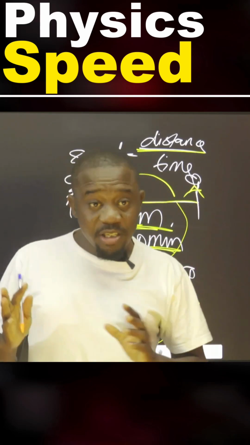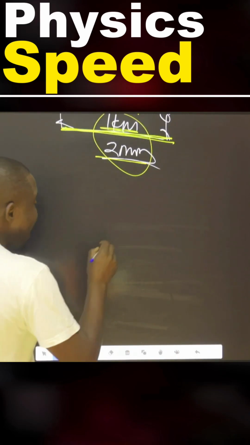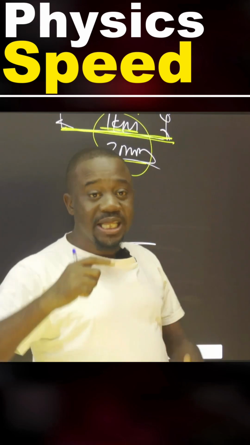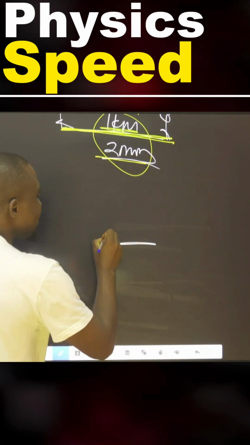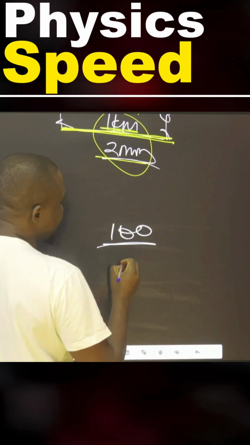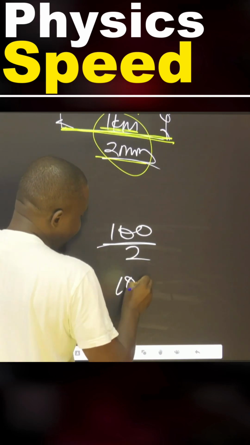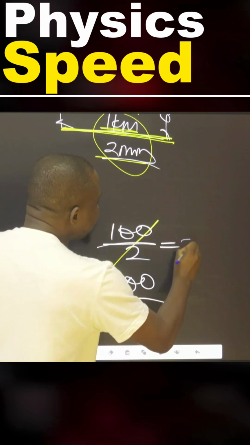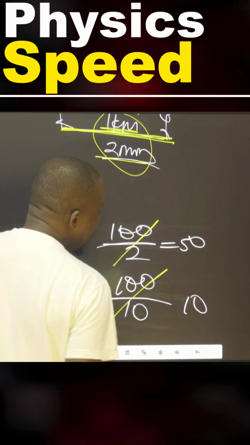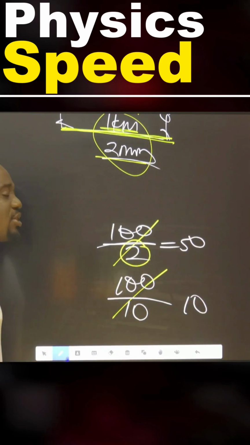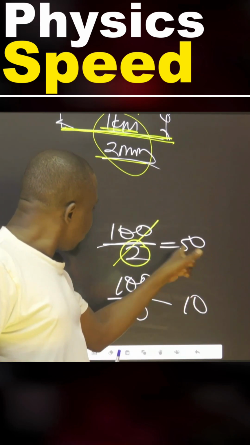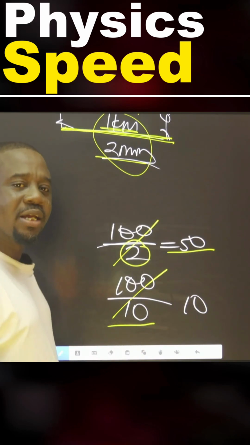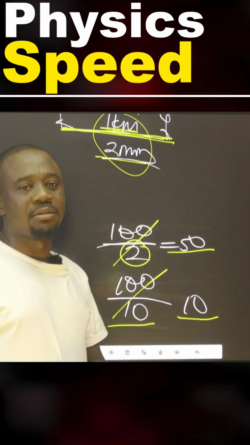Because you agree with me, in mathematics, the lesser the denominator, the bigger the value. So this is 100 divided by 2, and 100 divided by 10. As you can see, this will give us 50, and this will give us 10. This denominator is small, so the output is big. But this denominator is big, the output is smaller.